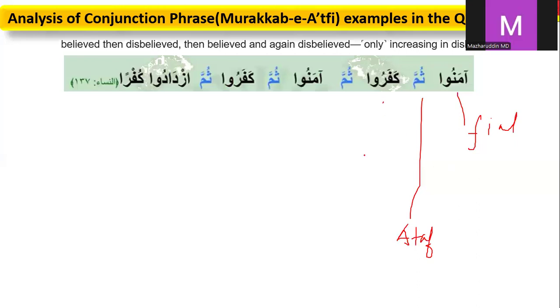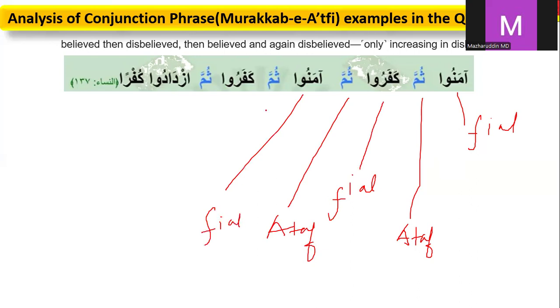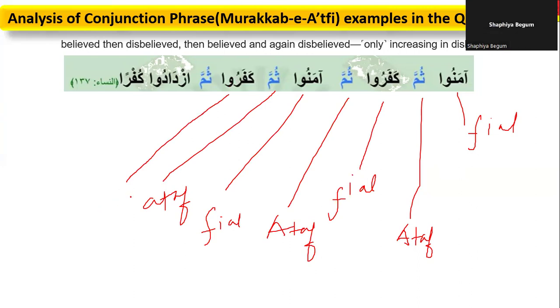Then this one is also fi'l. Again atf. This one fi'l, atf. Again, fi'l.